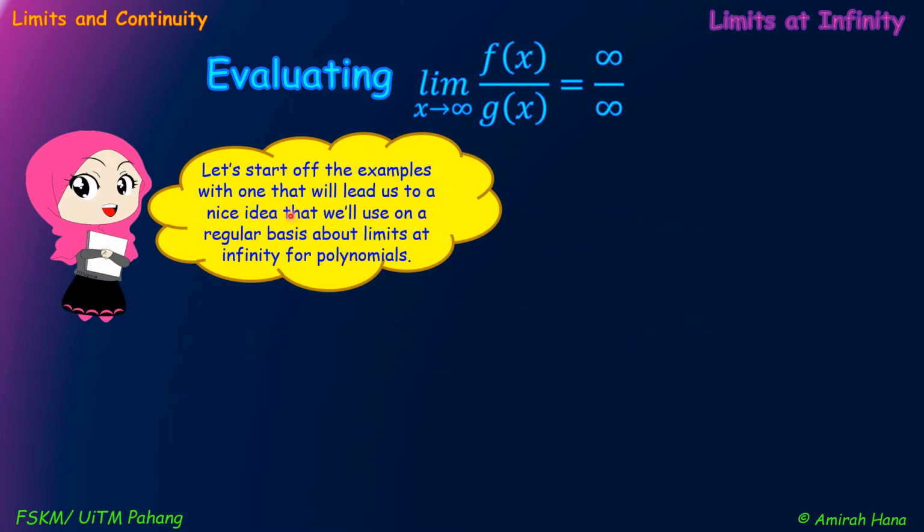Let's start off the examples with one that will lead us to a nice idea that we'll use on a regular basis about limits at infinity for polynomials. Now, we look at limit x approaches infinity of 2x to the power of 4 minus x cubed plus 3x squared minus 1.